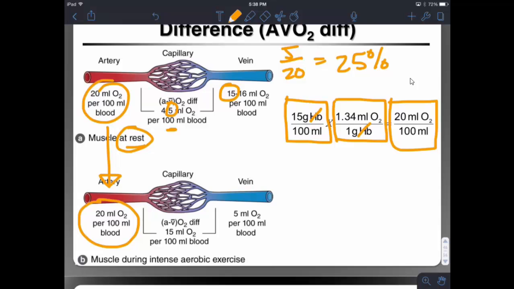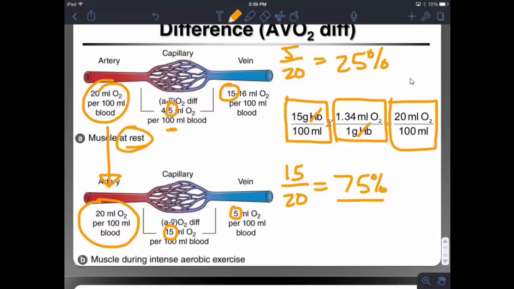During heavy exercise, we're left with 5 in the vein, which means we took up 15 out of 20, which means we took 75%. So the point I'm trying to make here is two points. One is that when we exercise, we take more oxygen out of the blood.